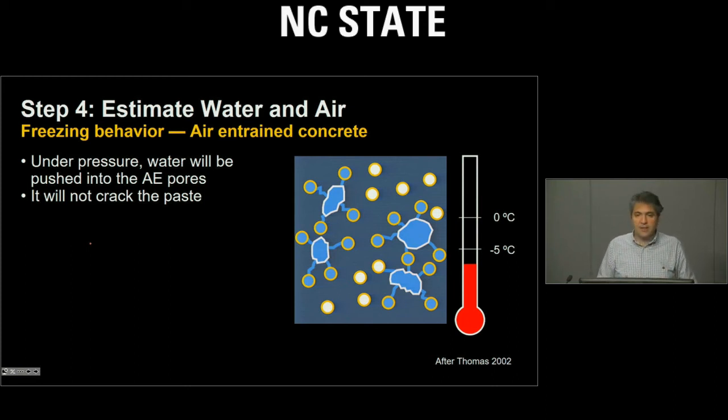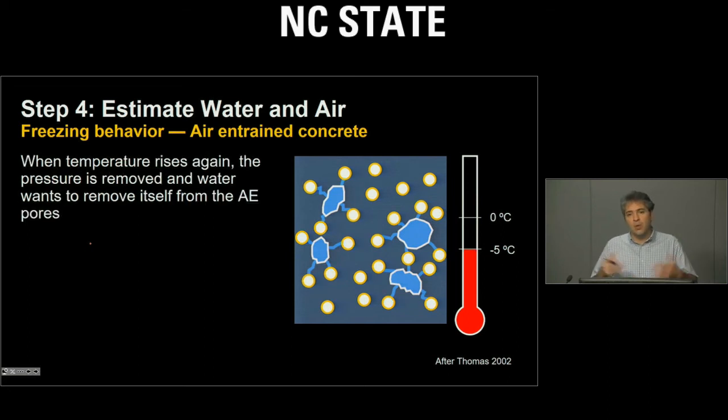And of course, as the temperature goes back up, the water moves back to the capillary porosity of the cement paste. So these air entraining pores that I have identified with AE over here basically protect the cement paste from cracking due to formation of ice inside the system.